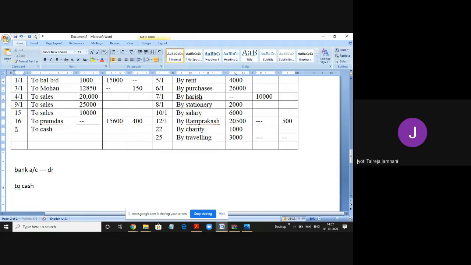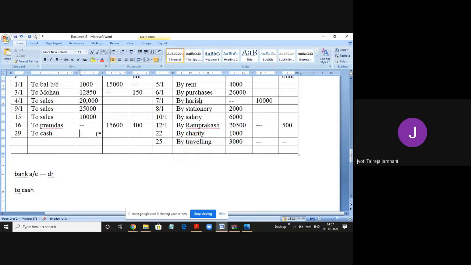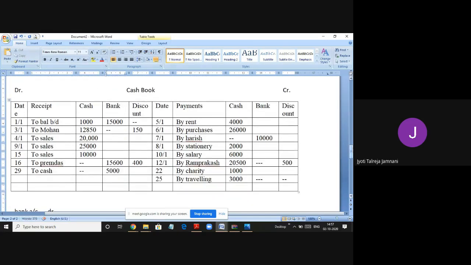So this is on 29. How much have we deposited? 5,000 rupees. So see what is happening in the bank column. I'm writing 5,000 because we're depositing it in the bank. Bank has to receive it. This is receipt side. So on the receipt side, bank has to receive 5,000 because you have deposited 5,000 in bank. Okay, so debit side to cash 5,000.